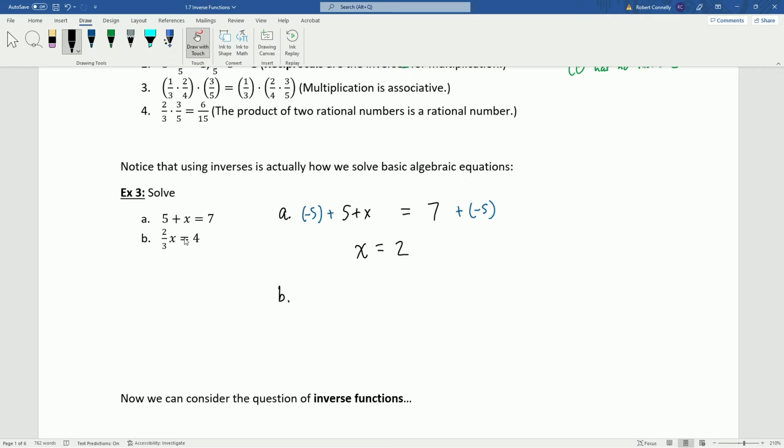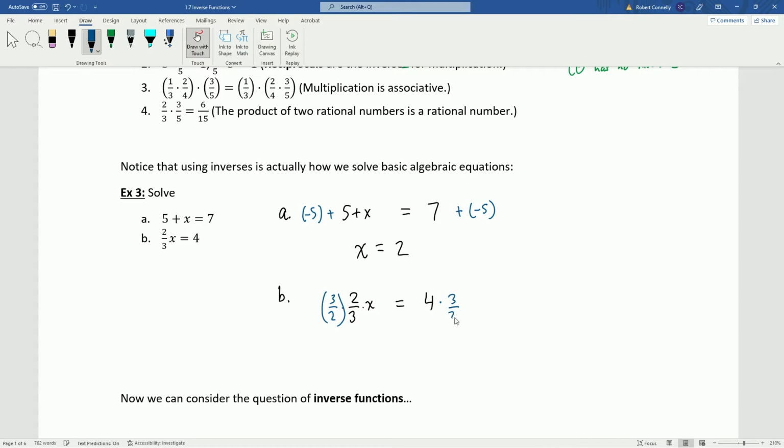2/3 times x equals 4. So here, I look at my multiplicative inverse because what am I doing? I'm multiplying 2/3 times x. I want to solve for x or isolate x. So I multiply by 3/2. That's the reciprocal or the multiplicative inverse of 2/3.